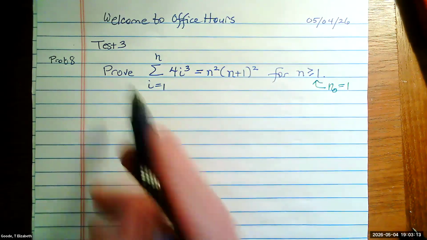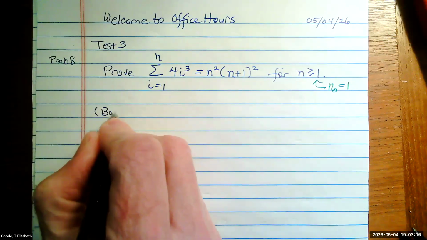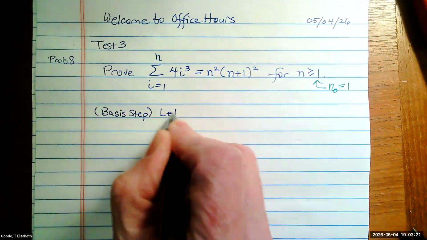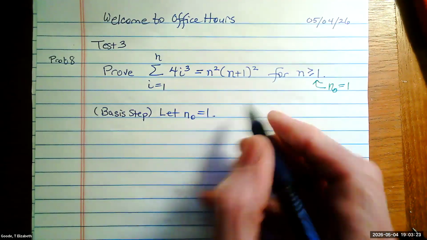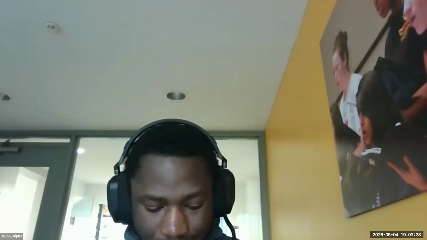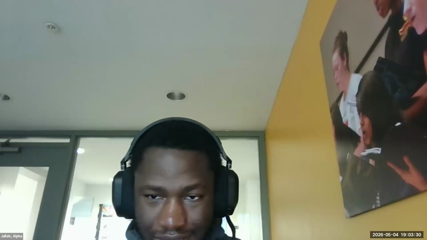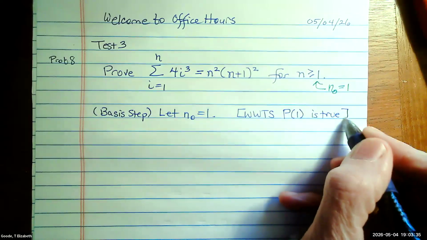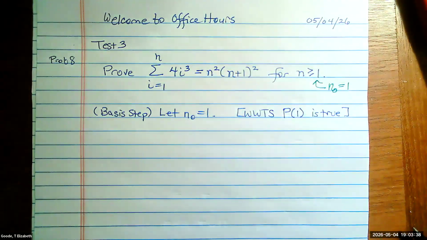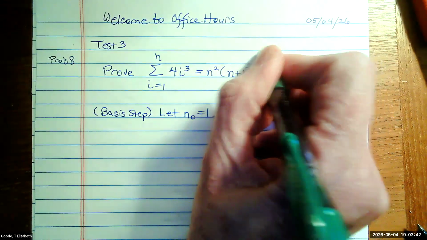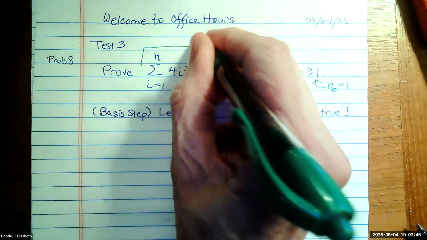So let's prove our basis step. We're going to tell our reader, let n naught equal 1. And what do we wish to show? That P of 1 is true, because this statement is P of n.